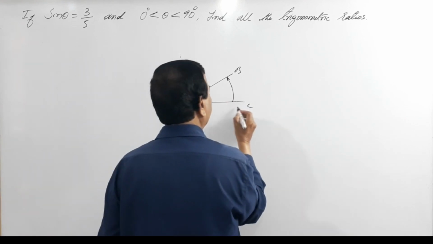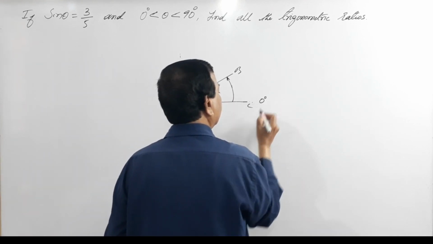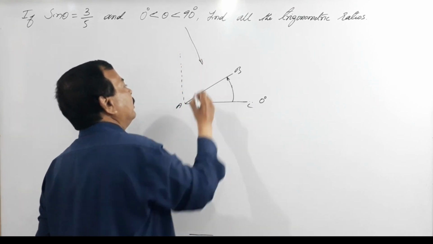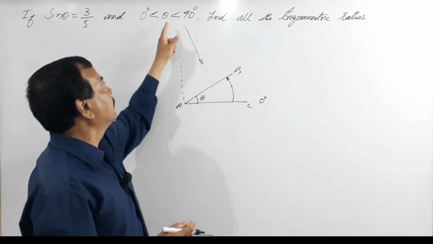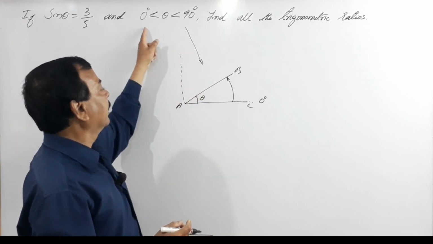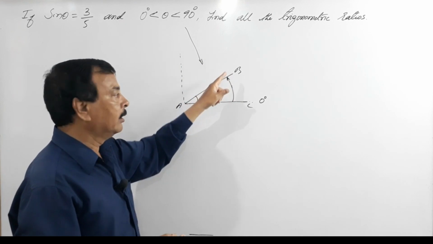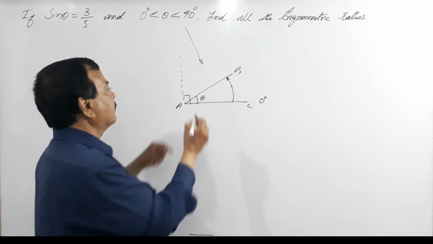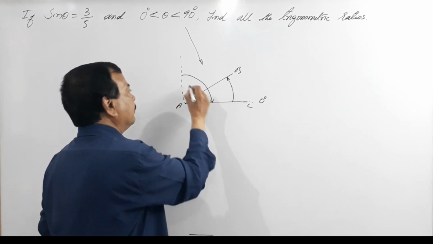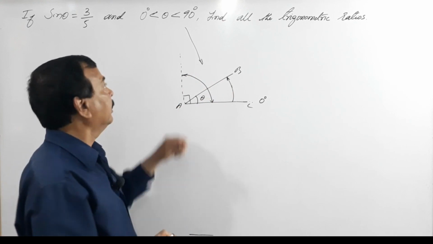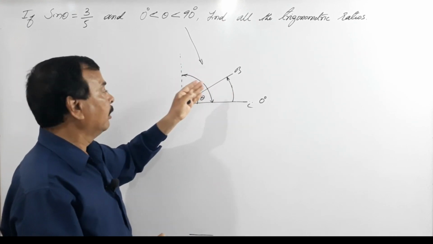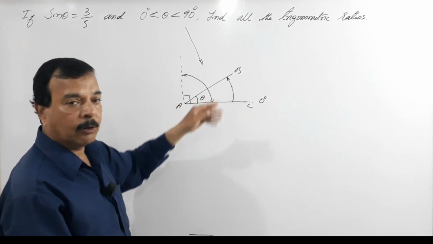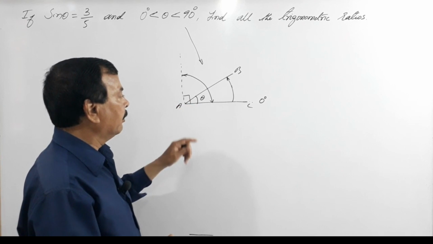If it lies on this plane, it is 0 degrees, isn't it? I am trying to explain this because in the examination you may get it like this. So theta is greater than 0 degrees because it is making an angle and it is less than 90 degrees. If this becomes full, it becomes a right angle triangle. Then this logic doesn't apply, because for a right angle triangle we have to derive sin theta. I will teach you how to find these values. So with this concept, let's begin.